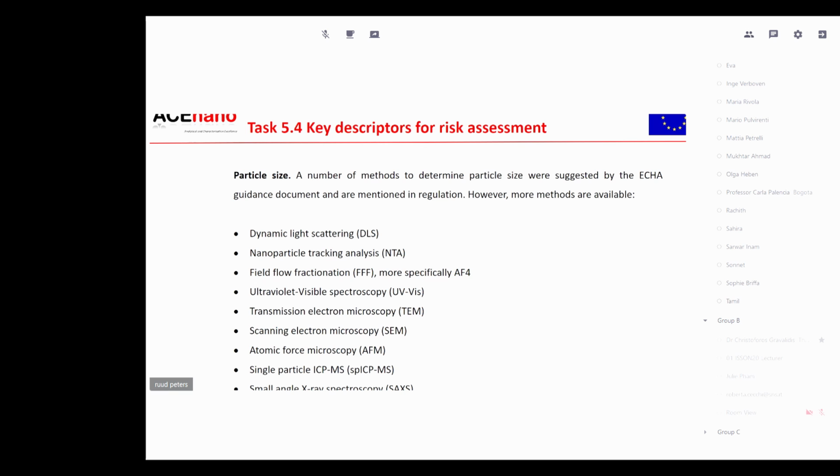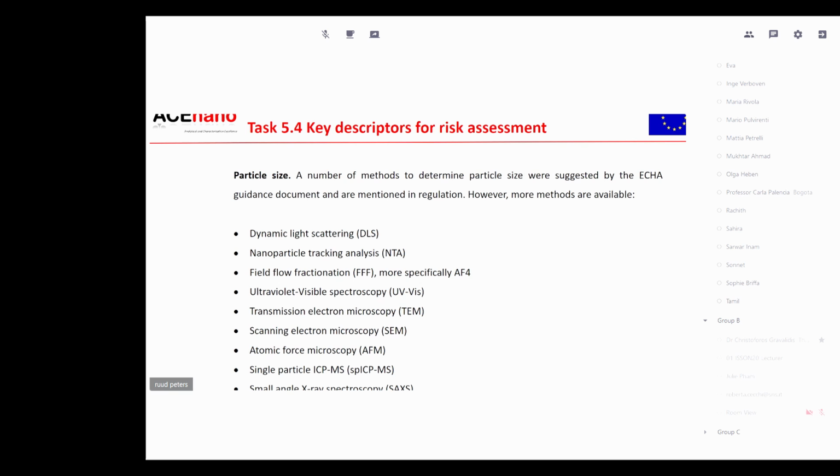An interesting one is also single particle ICP-MS, since there is a lot of work done on this in the ACEnano project. The developments go into the direction of simultaneously measuring multiple elements and smaller particles. Measuring multiple elements is often not possible with traditional ICP-MS because you have to run your analysis at a very high time resolution, and so generally you can only measure one element.